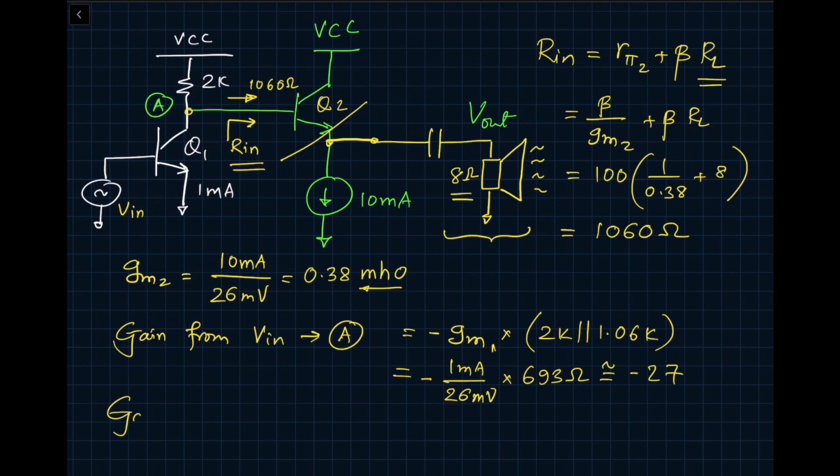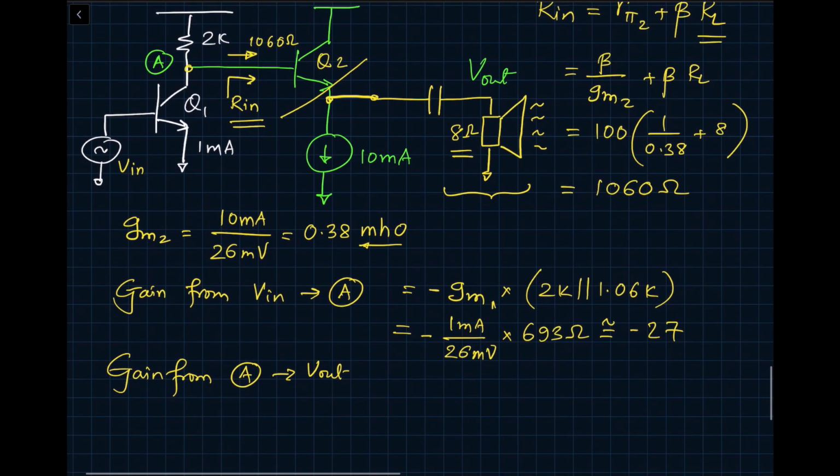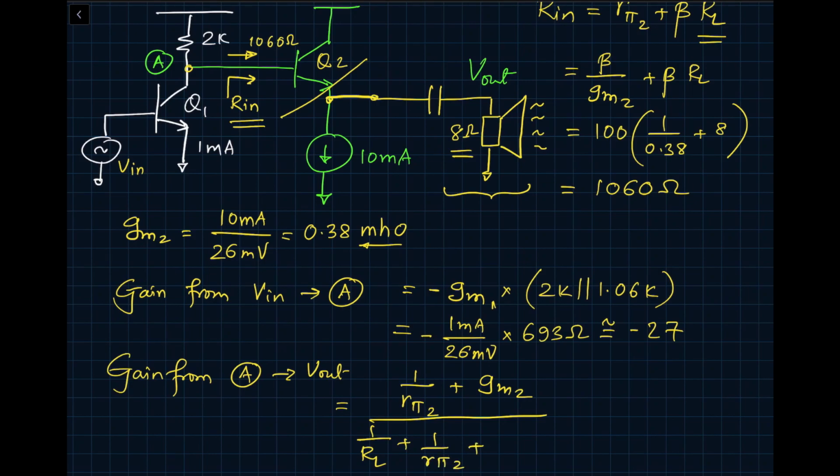Also, the gain from node A to V out. What is that going to be? We just did it maybe in the previous lecture at the tail end, and that is going to look like 1 divided by R pi 2 plus GM2, divided by 1 divided by RL plus 1 divided by R pi 2 plus GM2.